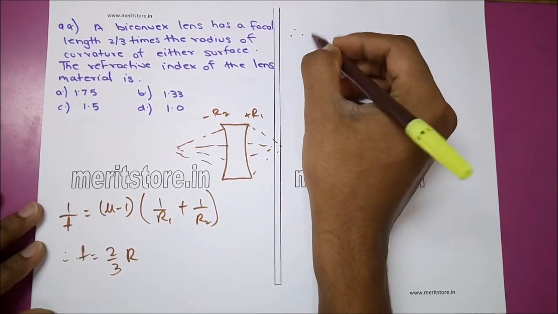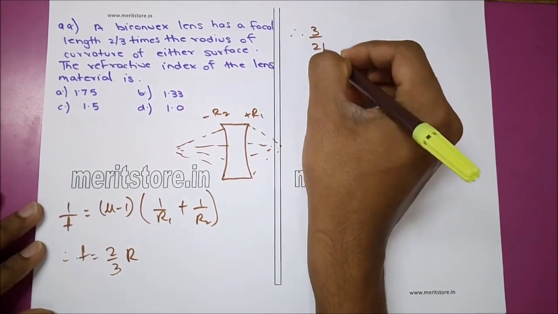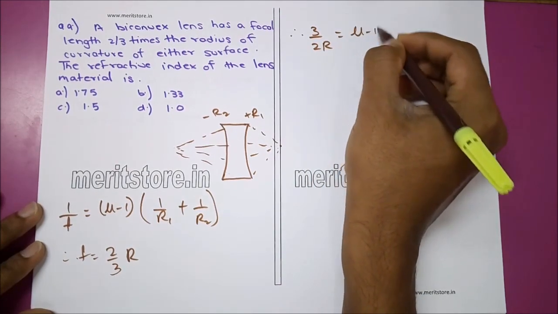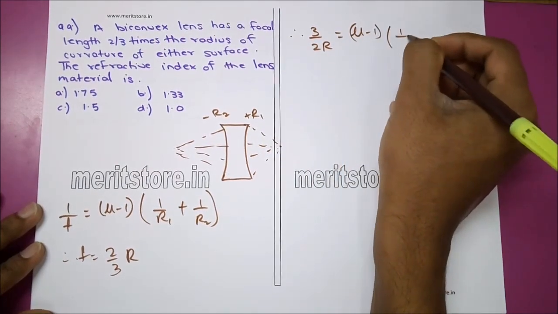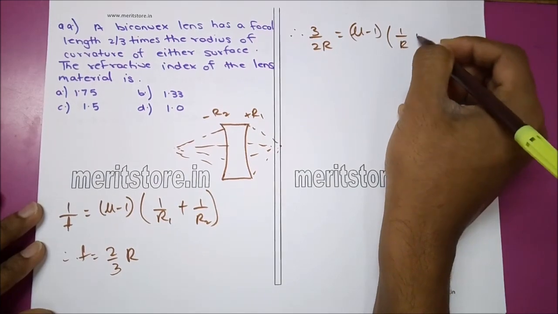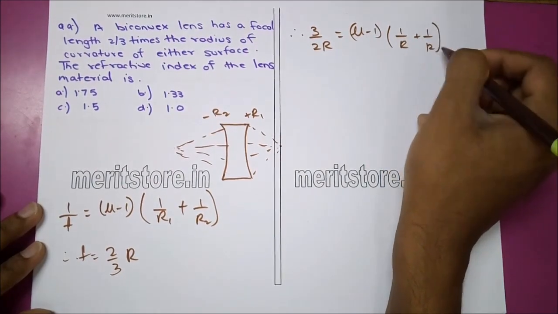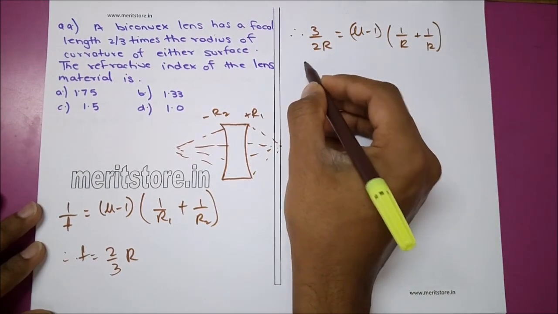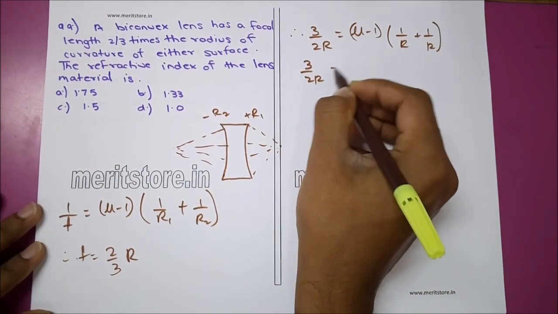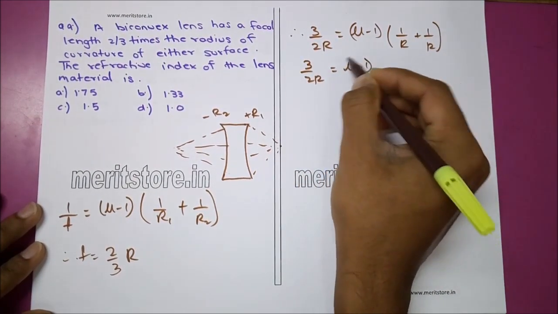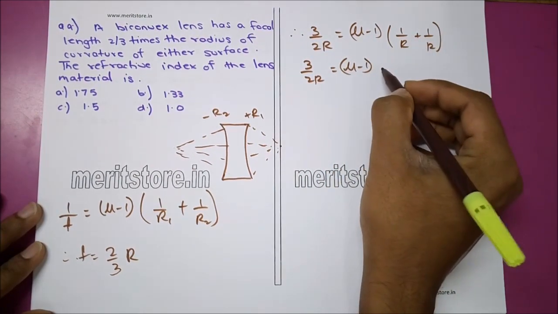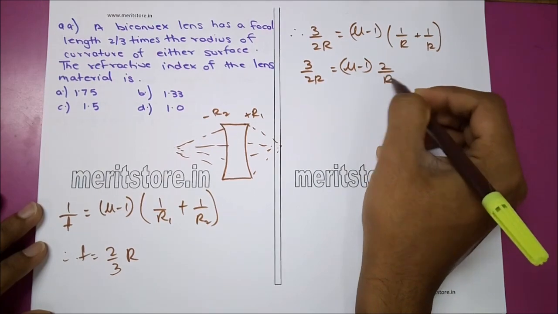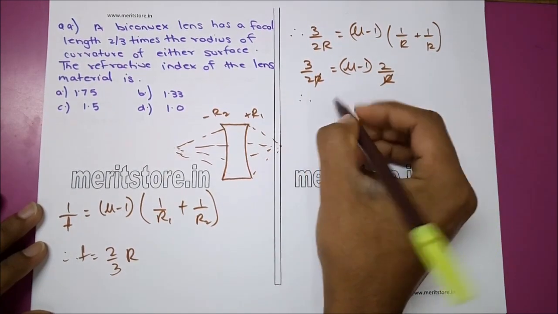So you can write it as 3 upon 2 R is equal to mu minus 1 times 1 upon R plus 1 upon R. So therefore 3 upon 2 R is equal to mu minus 1 times 2 upon R. So R gets cancelled.